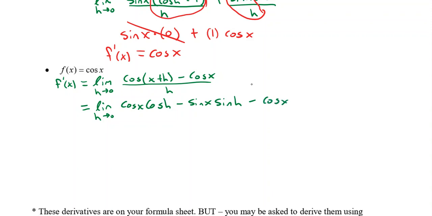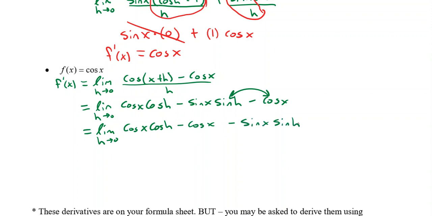I'm going to do the same little trick there. I'm going to swap these two guys around just so I can manipulate a little bit differently. So that would be the limit as h approaches 0 of cos x cos h minus cos x, and then this last part minus sine x sine h.